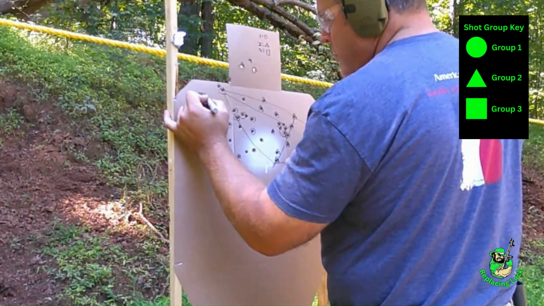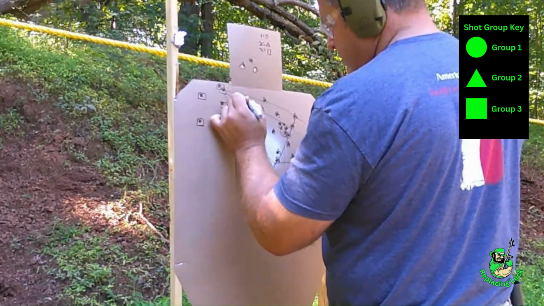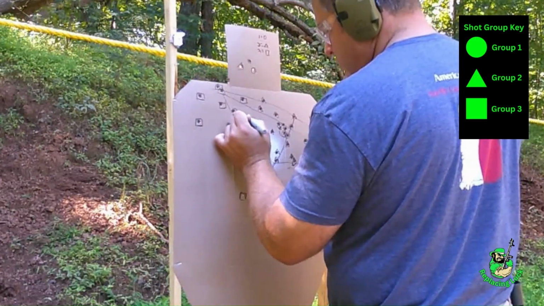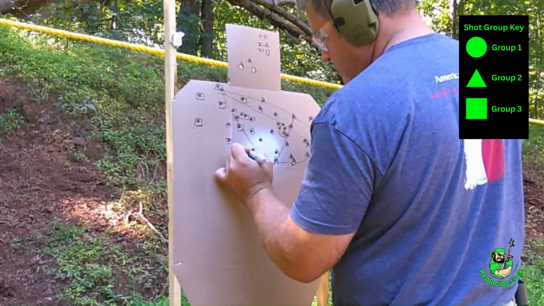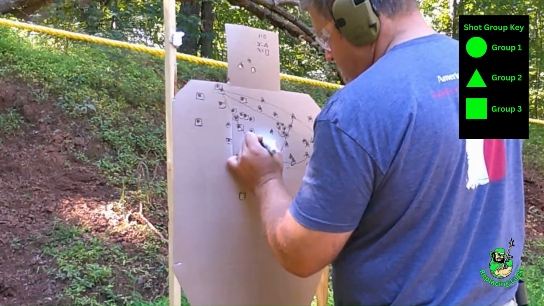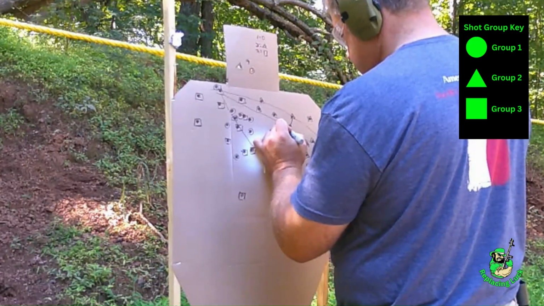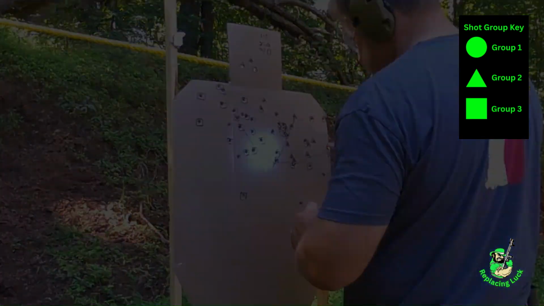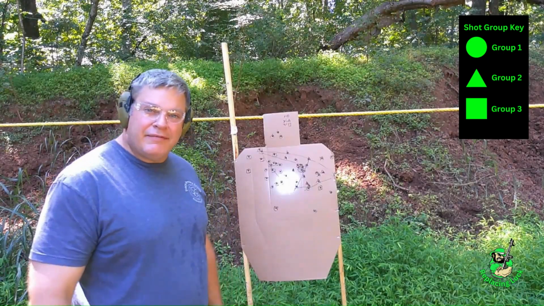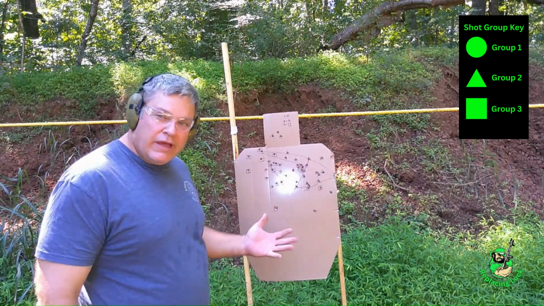Four, 5, 6, 7, 8, 9, 10, 11, 12, 13, 14, 15, 16, 17, 18. Okay, so I think we have pretty good confidence to say that all the rounds are accounted for on that shot group.